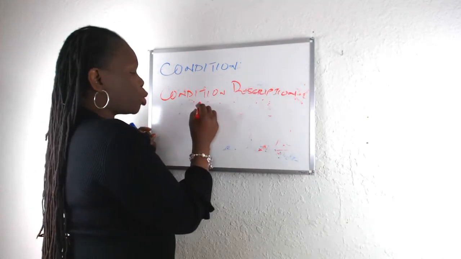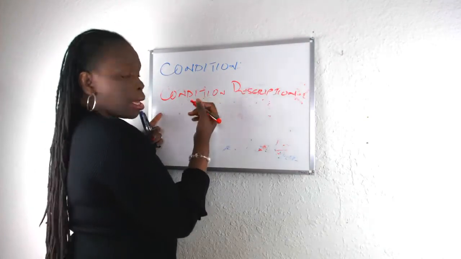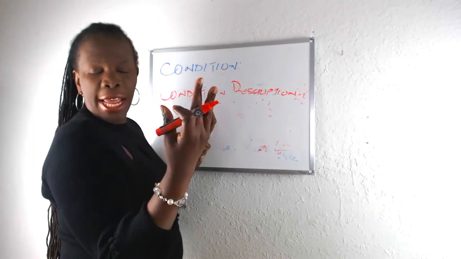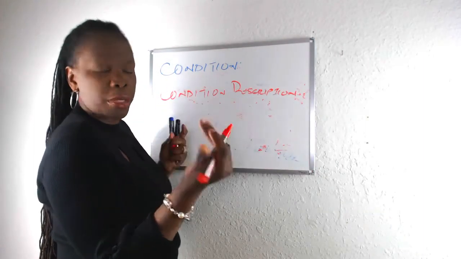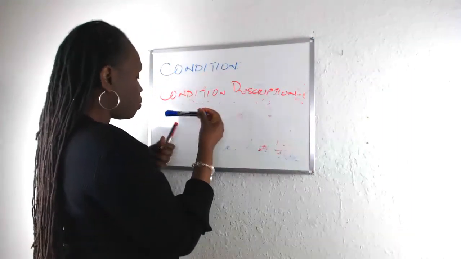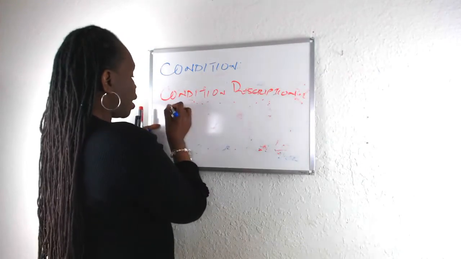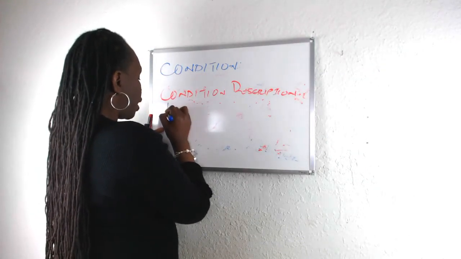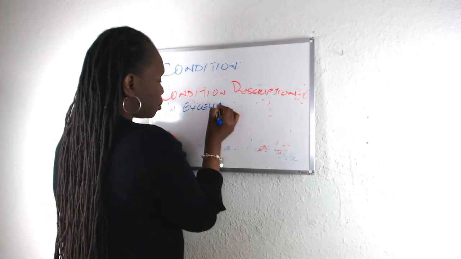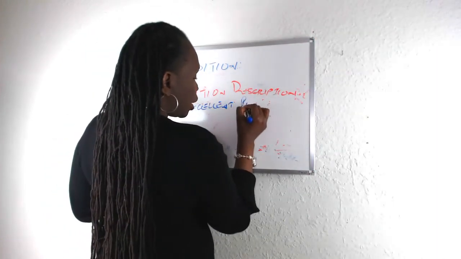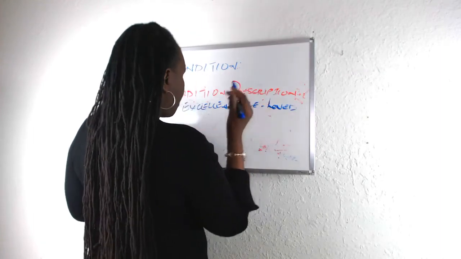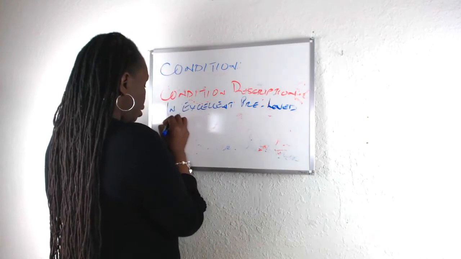And what I always like to do as well, say most of the items, if it's an item without any defects, even if it's pre-owned, I'll say, let me use a different color. Let's use blue. I'll say in excellent pre-loved, you can say pre-owned condition.